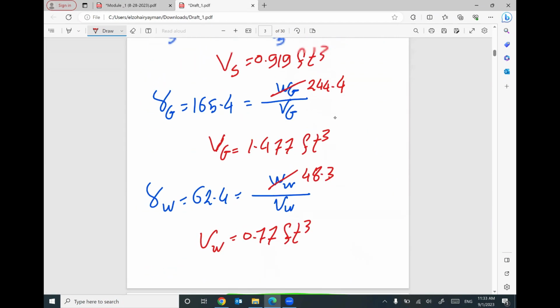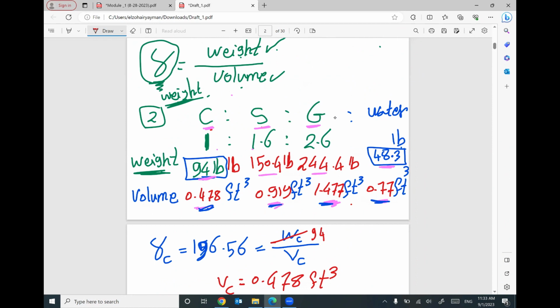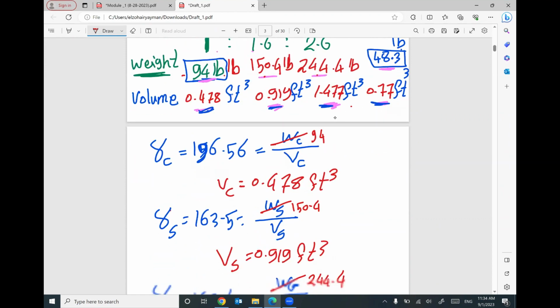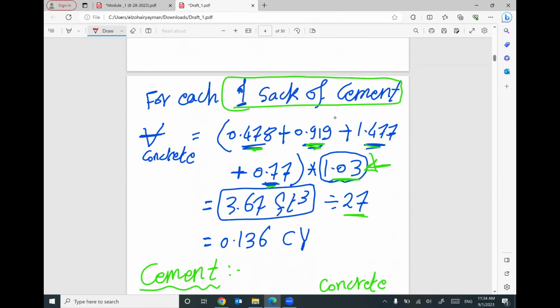Second step, I will start with my ratio. Assume we have one sack of cement with weight 94 pounds. So how much weight of sand, how much weight of gravel, how much weight of water. Then I will convert these weights to volumes. Then I add these volumes together and multiply by the air content, which is 3% in this problem.